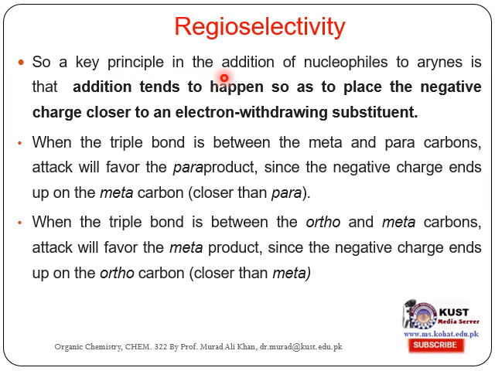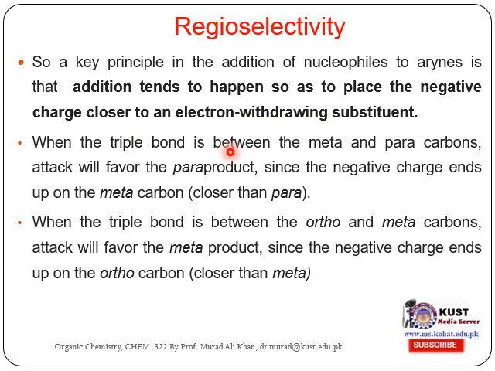So a key principle in the addition of a nucleophile to an aryne is that addition tends to happen so as to place the negative charge closer to the electron withdrawing substituent. The addition will occur in such a manner that the negative charge should be closer to the electron withdrawing substituent.